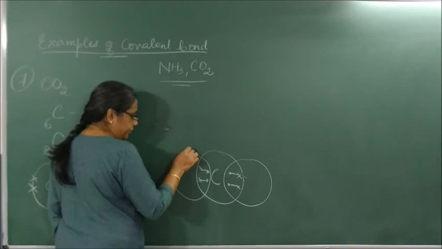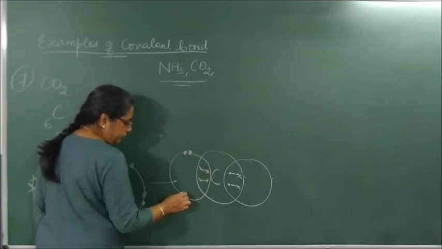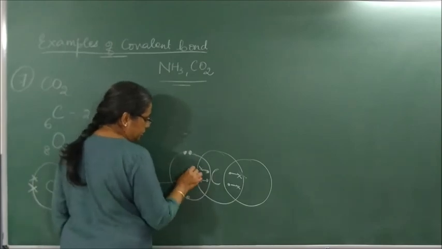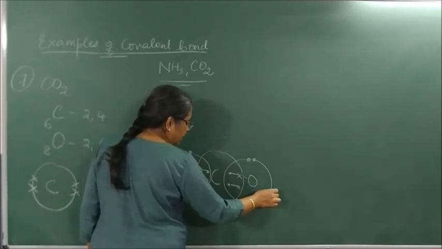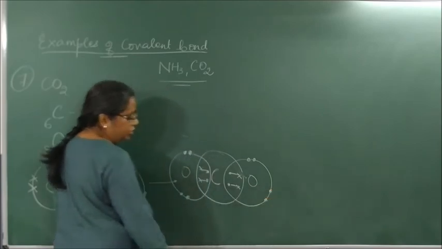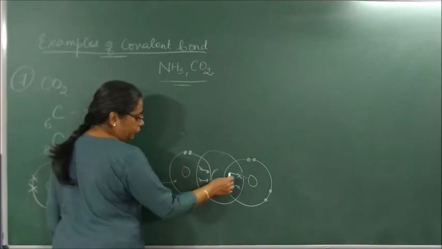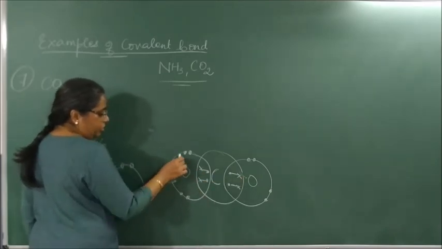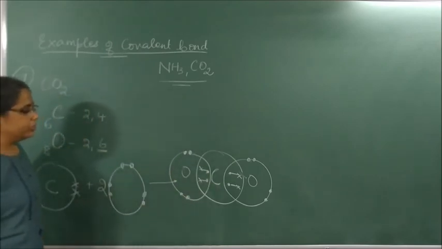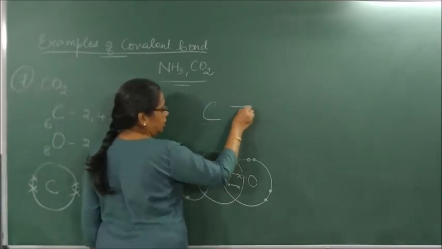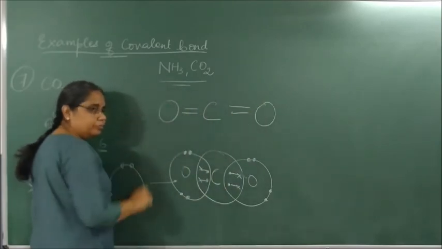Now you have 1, 2, 3, 4, 5, 6. This completes another oxygen. And 1, 2, 3, 4. Now you look into everything. Carbon: 1, 2, 3, 4, 5, 6, 7, 8. Oxygen: 1, 2, 3, 4, 5, 6, 7, 8. So the final structure is C, double bond O, double bond O.